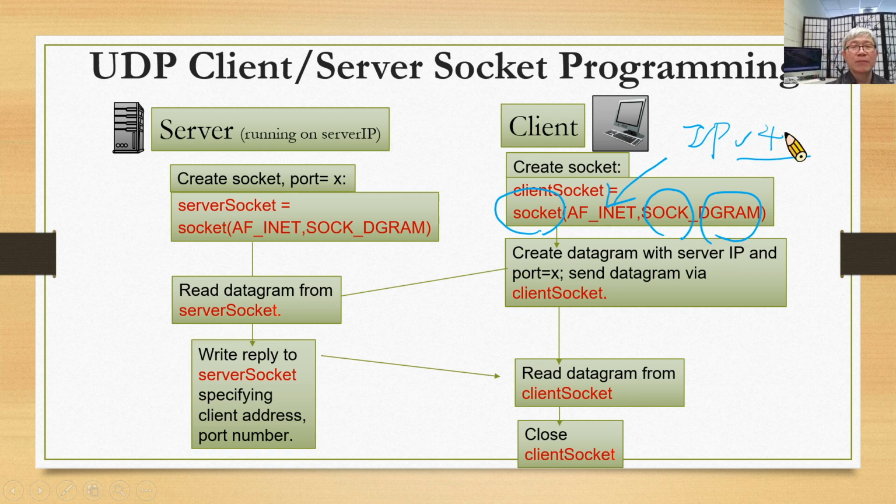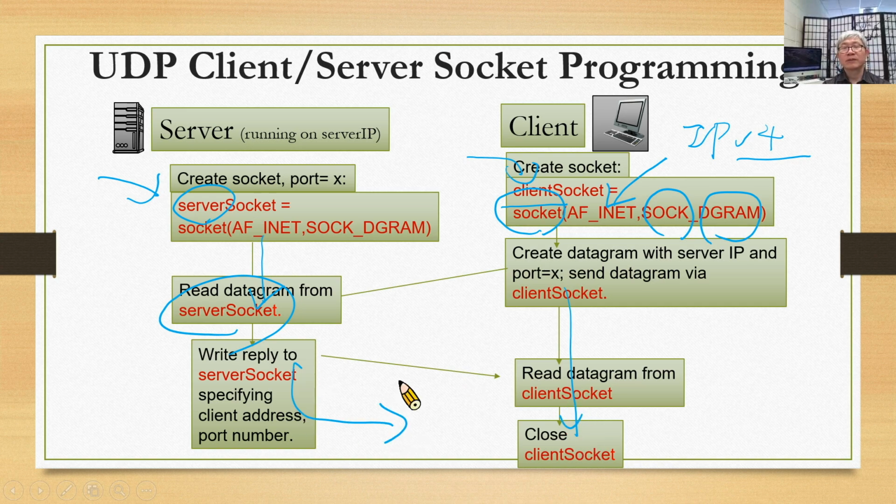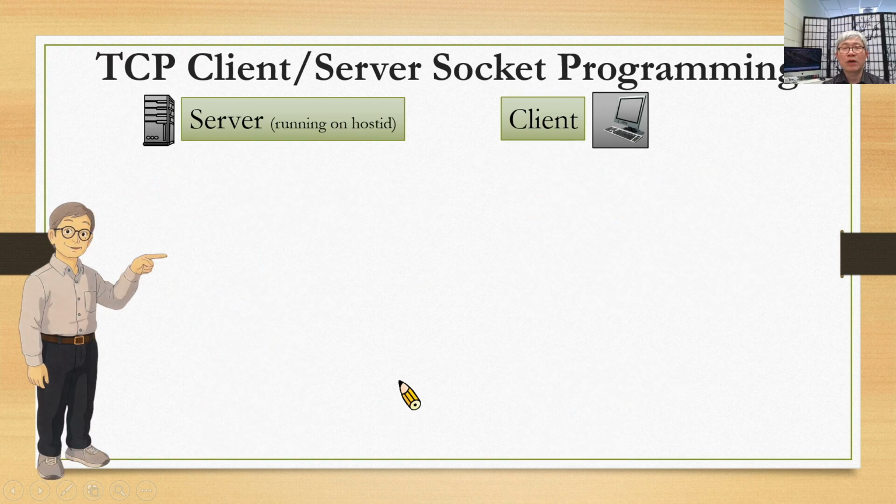Both sides need to create a circuit. So we have a server circuit and a client circuit. Each one does its thing, and these are the necessary steps for UDP circuit programming.